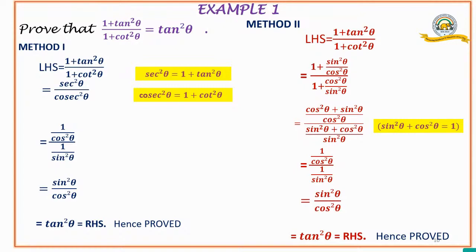Now suddenly it struck me, I think I can do it by another method also. Let us have a look. You keep your thinking cap on also. Just see whether you can do it by any other method. Now, let us try here. We've got some space here. 1 plus tan square theta by 1 plus cot square theta. I know another formula, because we have to come to tan, I don't want the cot.